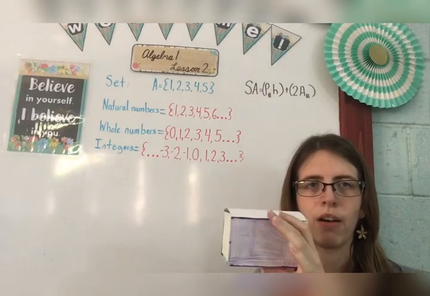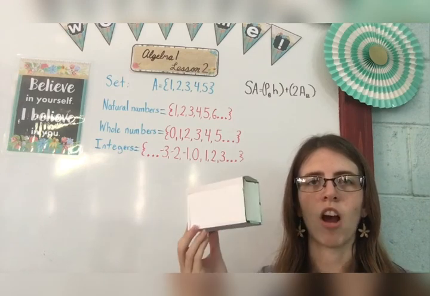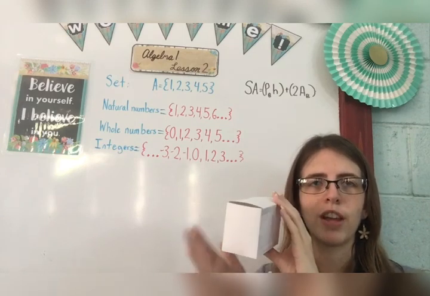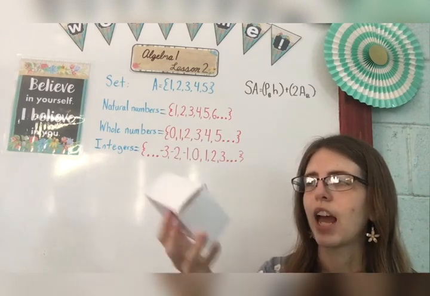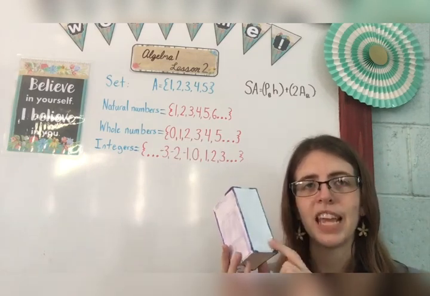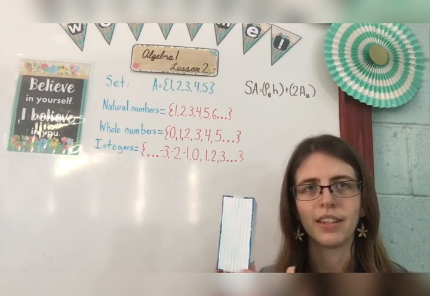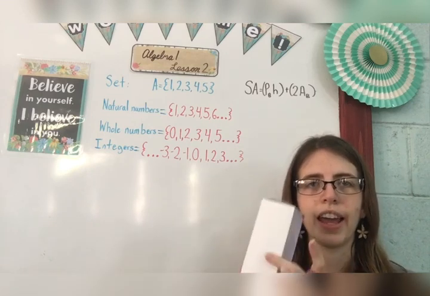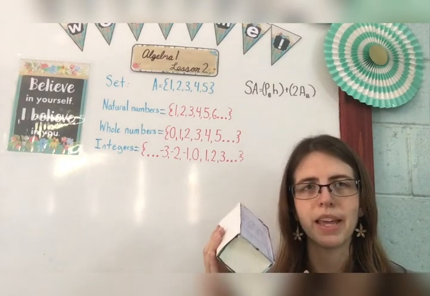Remember we talked about in our lesson on Friday that a right solid is an object whose sides are perpendicular to their base. Okay, so this is a right solid. My base is the same on the top and on the bottom. So as long as I find one base I multiply it by 2, and I have both together. So that takes care of my bases.